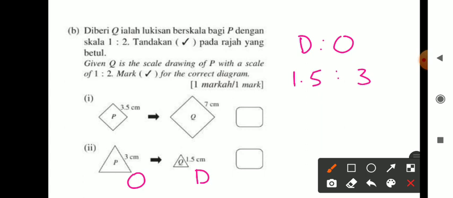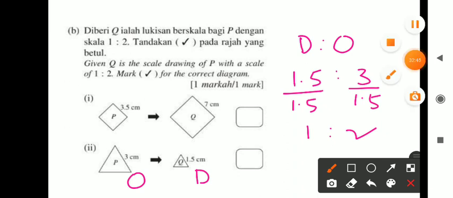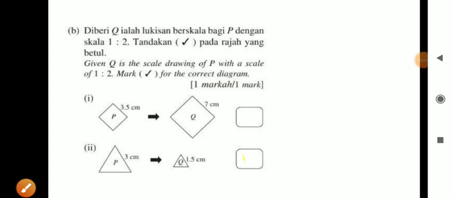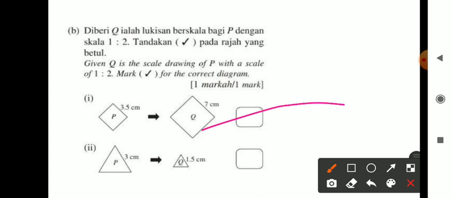If you want to change it to number 1, you divide this and also divide this, so it becomes 1. 3 divided by 1.5, we get 2. Okay, so this is the answer.